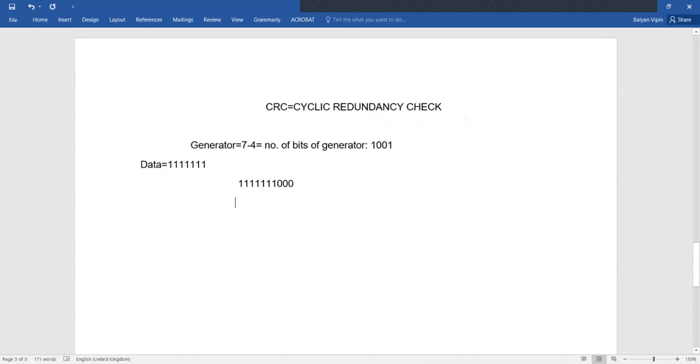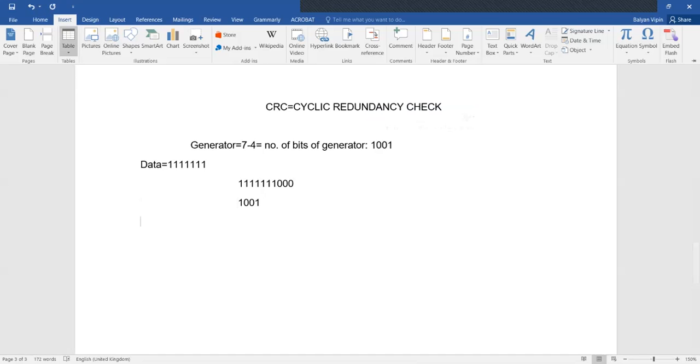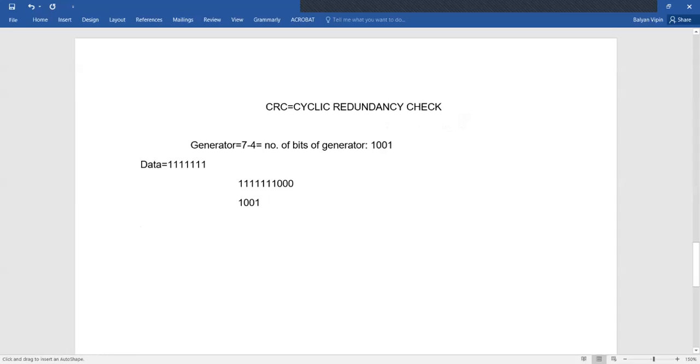It's like how we divide something. We started with a table. So it's 1001. The XOR operation, if you remember, is that if bits are different, the result is 1.